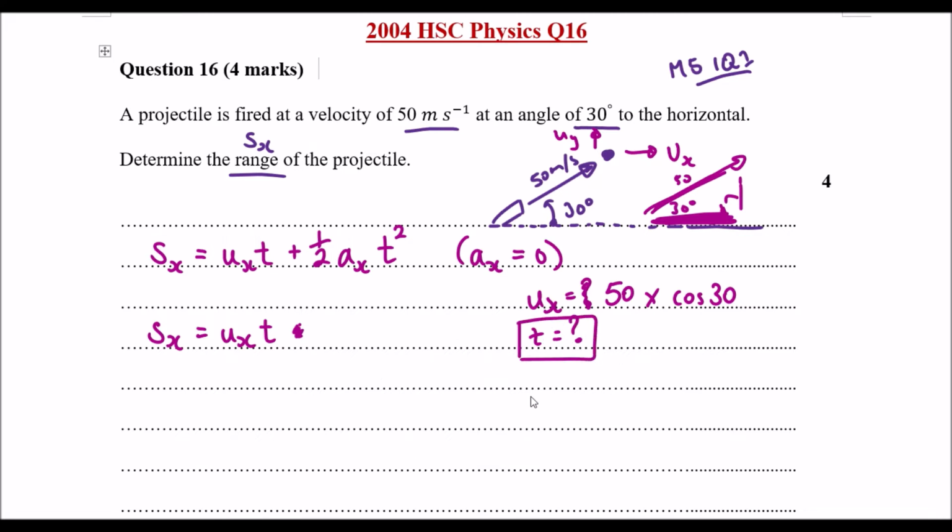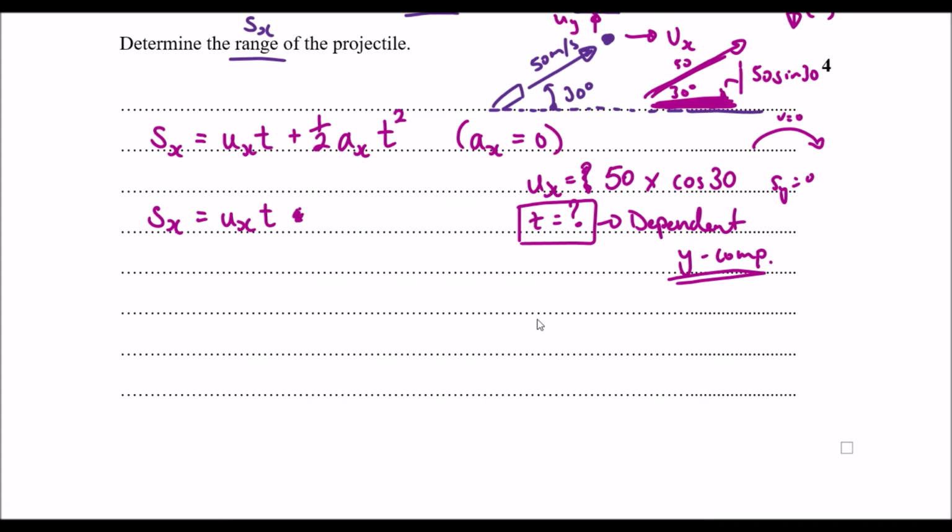Time, on the other hand, you need to remember one thing. The time it takes for something to fall is completely dependent on the y component. If I throw a ball in the air, or if I peg a ball from one side of the room to another side, it is the y motion that actually determines how long it takes for the ball to drop. So we assume we have our projectile, we launch it, and it will have a uy component.